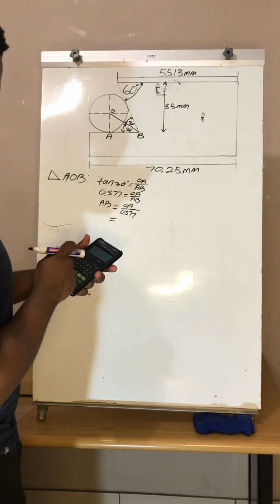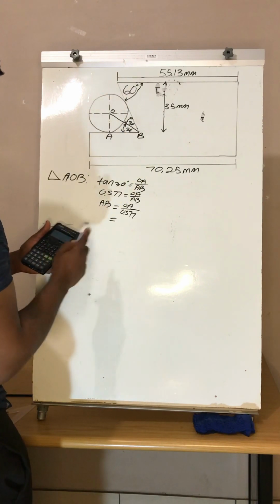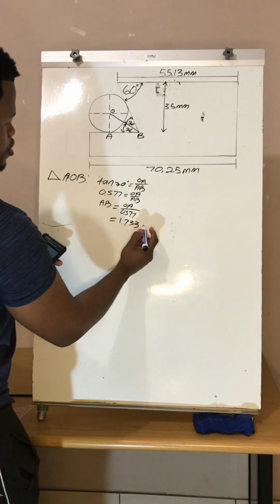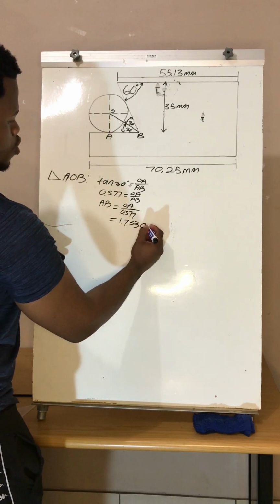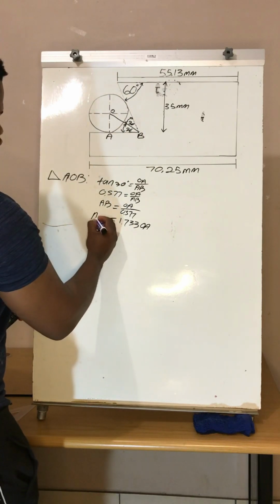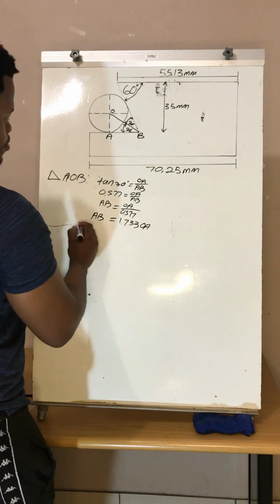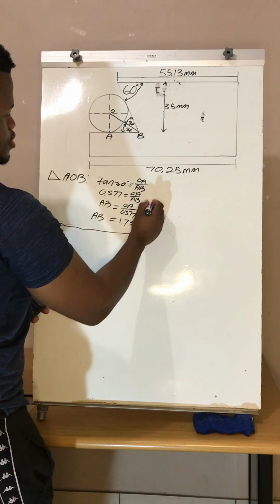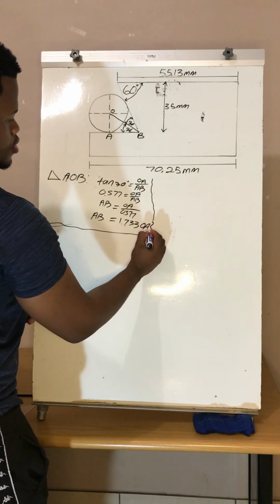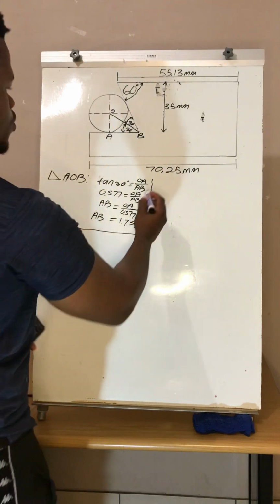We will get 1.733 OA, which is our radius OA. Okay, that's AB. Let's rule it off like this. This is OA.